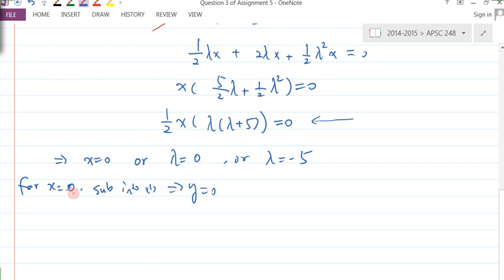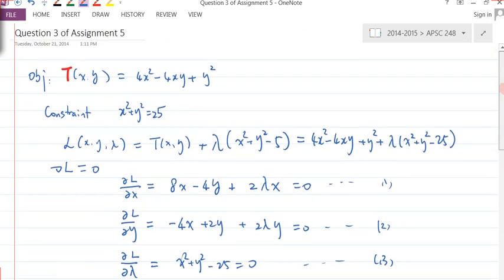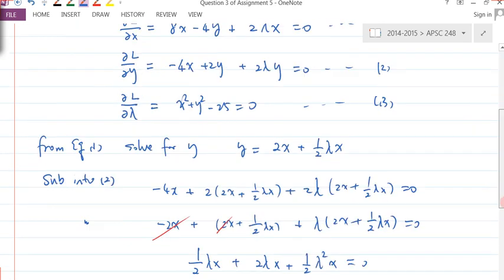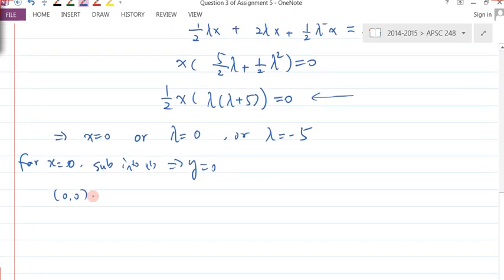So you get the location x equal to 0, y equal to 0. Apparently (0, 0) is not on the constraint circle, so that's not a realistic solution. This is basically not possible.